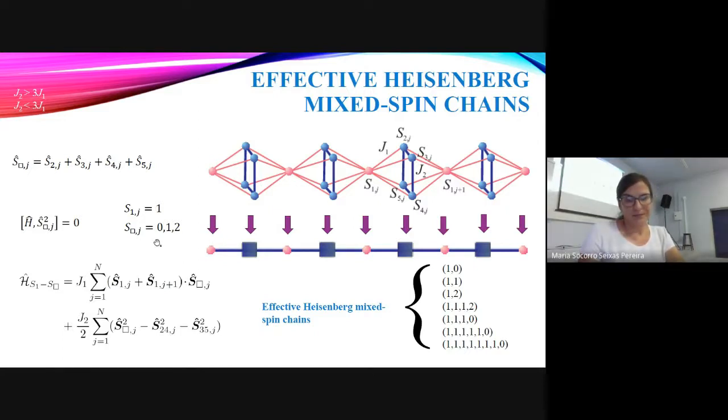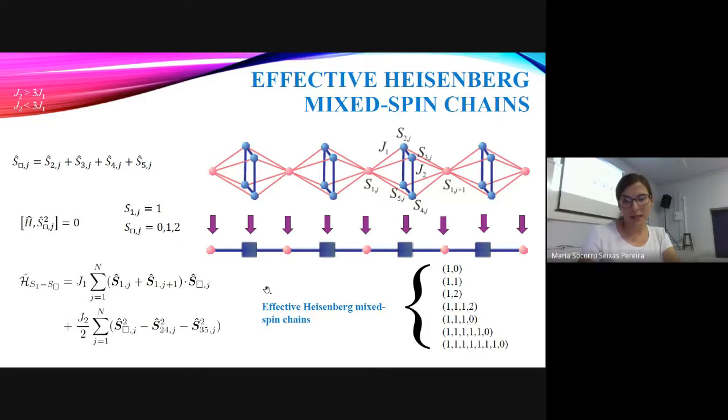And according to that, each square plaquette can be substituted by one spin with the given total spin. We have compared energies of all possible effective mixed spin chains in order to obtain the ground state phase diagram.